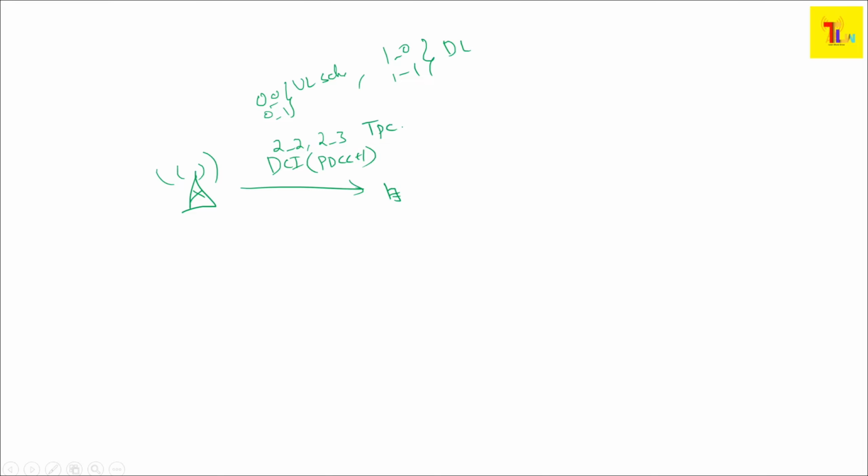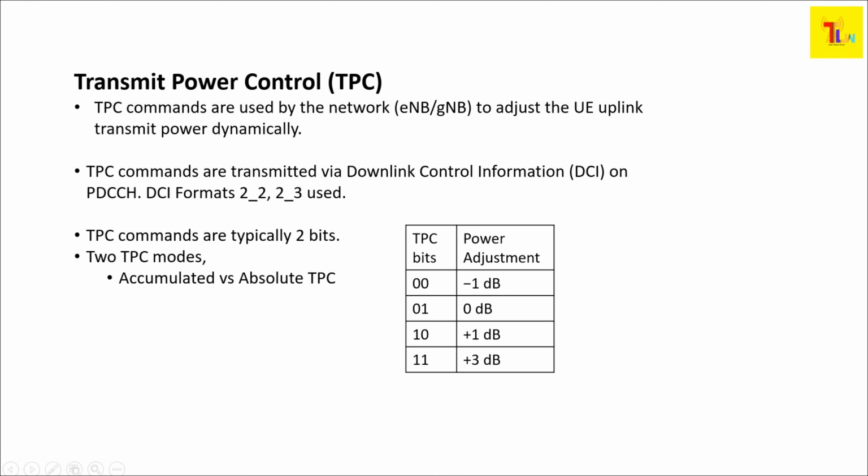These TPC commands are generally 2 bits. It uses 2 bits of information in the DCI payload, and the bit mapping is shown here. If 00 is sent as part of the TPC command, that means you have to adjust your UE power by -1 dB, on top of whatever power the UE calculated.